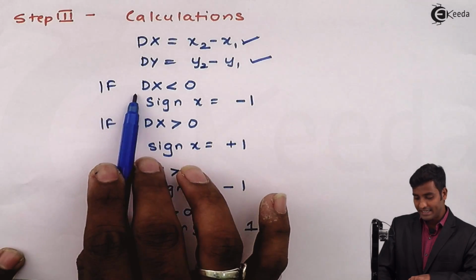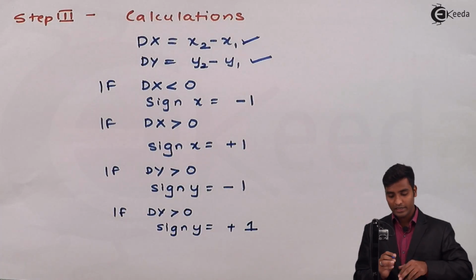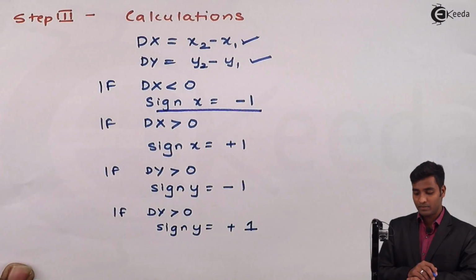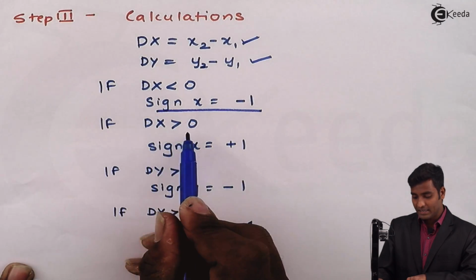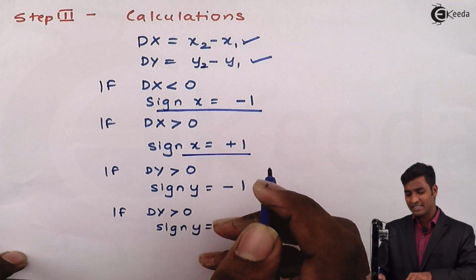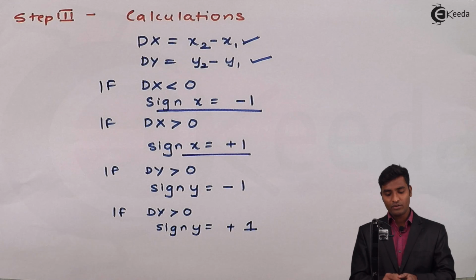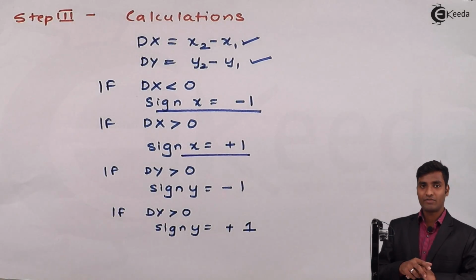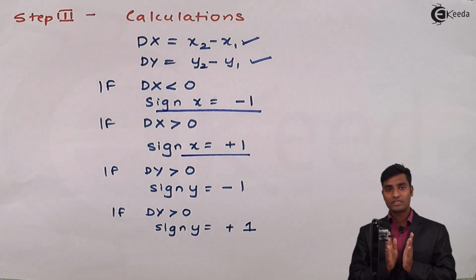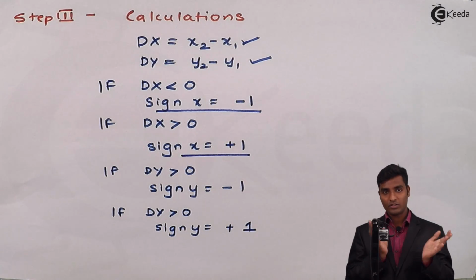So if dx is less than 0, then sign x will be minus 1, and if dx is greater than 0, then sign x is plus 1. Which means that if the difference value of the x coordinate is less than 0, then we have to subtract from the original value.